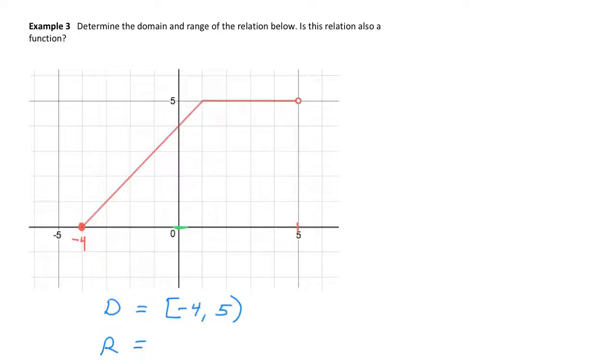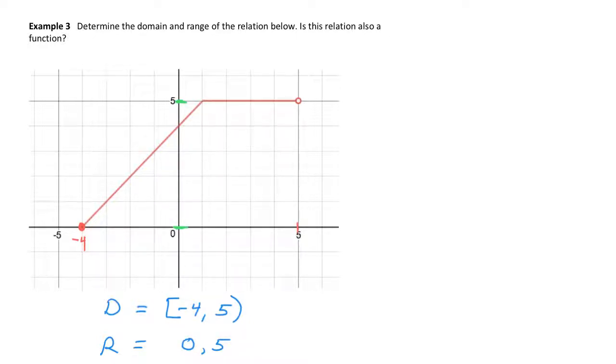Now the largest y value as I move up the graph is here. You don't get anything that goes any higher than 5. So in terms of our range, it's everything trapped between 0 and 5. So we're starting at 0, we're ending at 5.